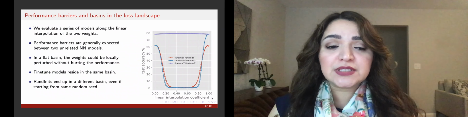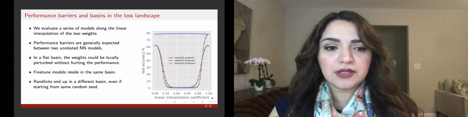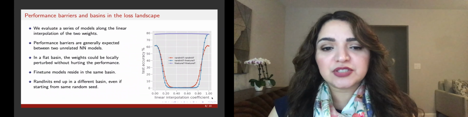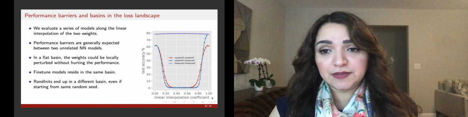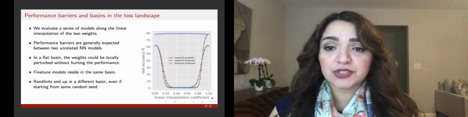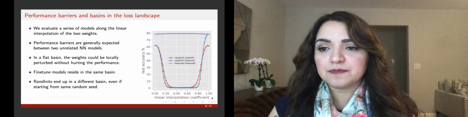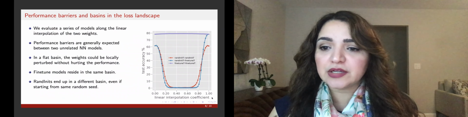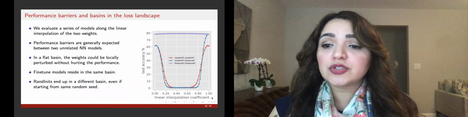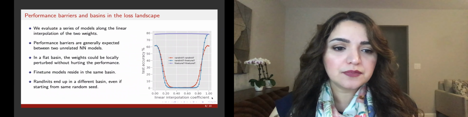And we see that, as you can see in the plot on the right, fine-tuned models reside in the same flat basin, which you could see in the purple line, which shows the linear interpolation of two fine-tuned models. On the other hand, the blue and red line show if you interpolate a RandInit and a fine-tuned model or two RandInit models, and you could see the loss barrier.